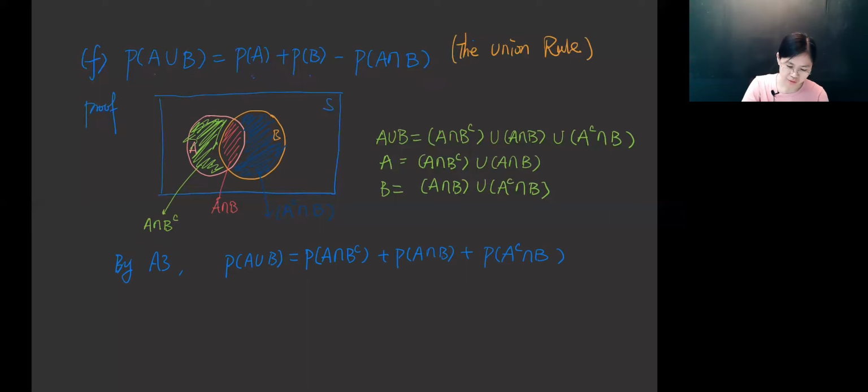So we also want to bring in the probability of A and the probability of B. Now notice by the same arguments, the set A is partitioned into 2 parts, the green shaded area and the pink shaded area. So A is partitioned by A intersect B complement and A intersect B.